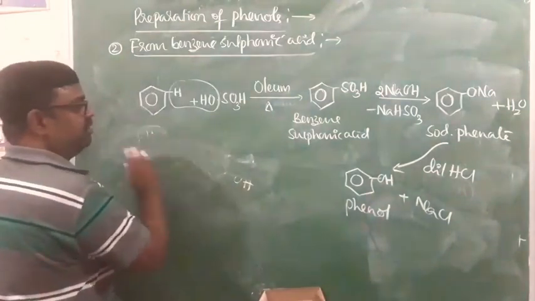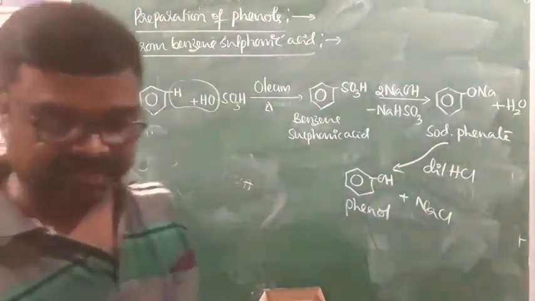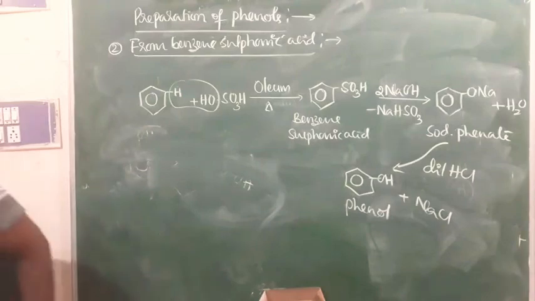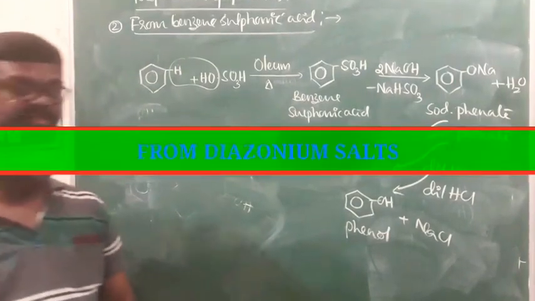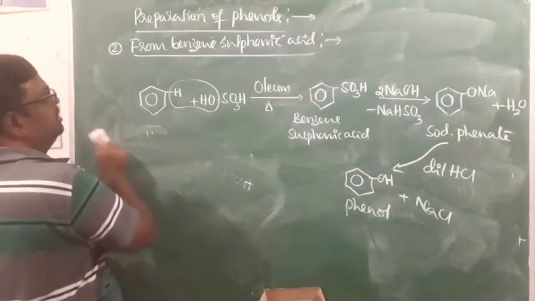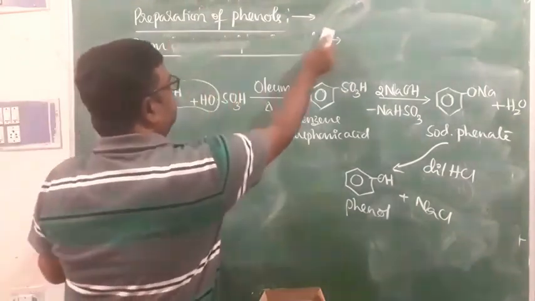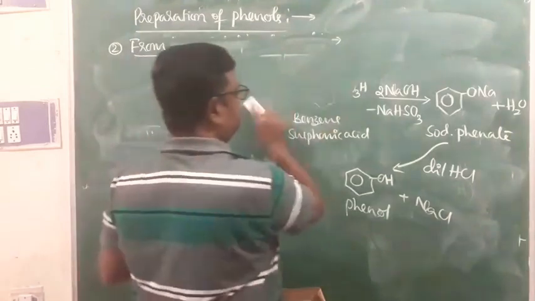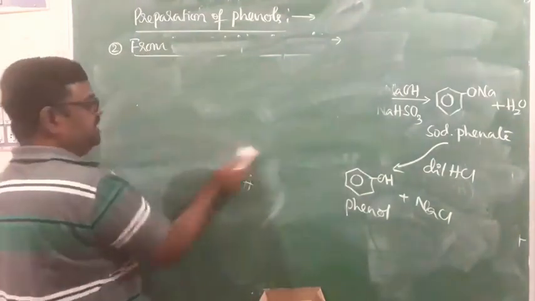So this is the second method for the preparation of phenols, that is from benzene sulphonic acid. Next we'll go for the next one, that is preparation from benzene diazonium salts.